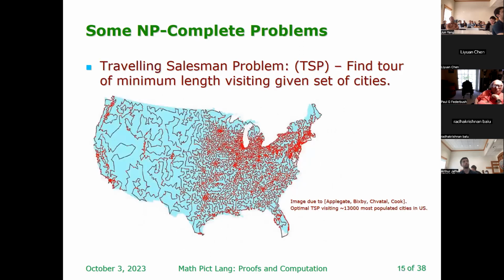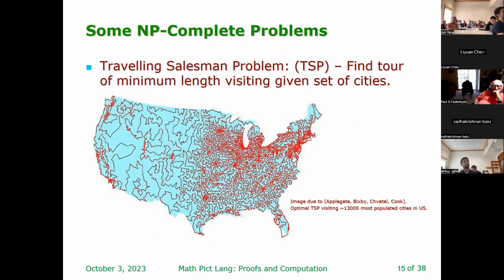You can also ask the traveling salesman question, which is to send a traveling salesperson on a route which will visit all these points. I think this is a TSP visiting the 13,000 most populated cities in the US and returning to the starting point. So you go to each one once, and then you come back to the origin. What's the shortest path? In all of these cases, when you state the question properly, is there a path which uses at most 17,000 miles?